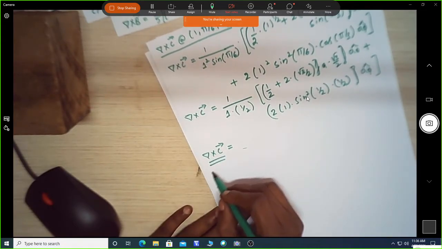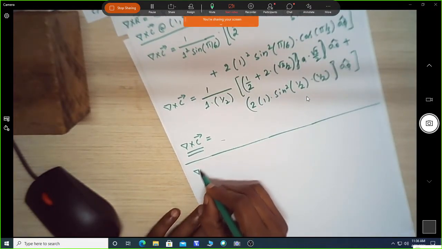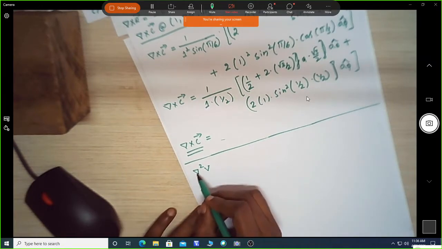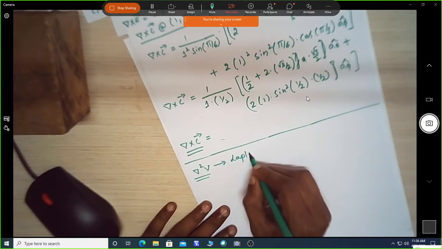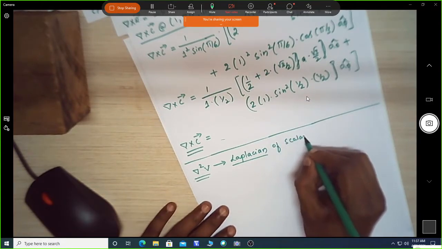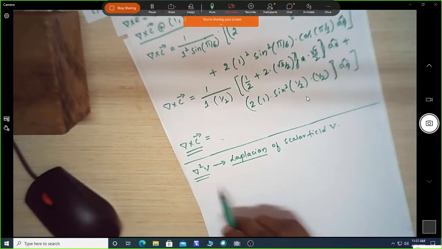If I take the double operator, that is 2 times the del operator, on a scalar field V, that we'll call the Laplacian of scalar field V. This is also very important, and it is a composite of the gradient and divergence operators.